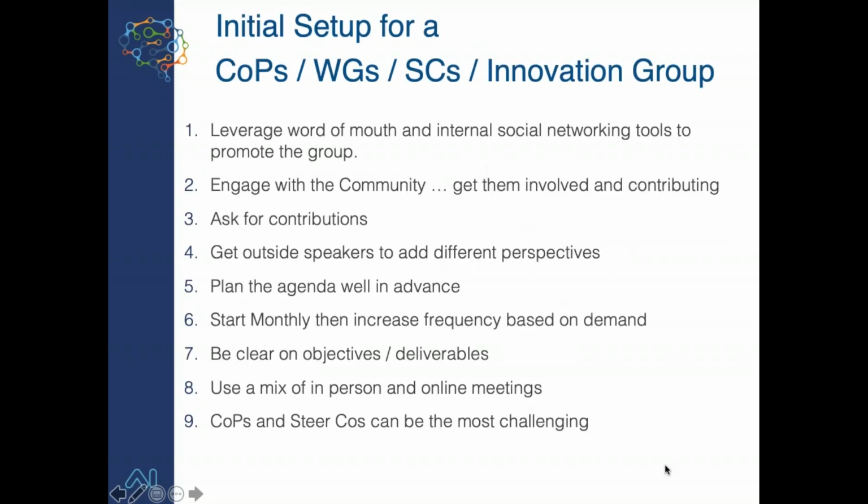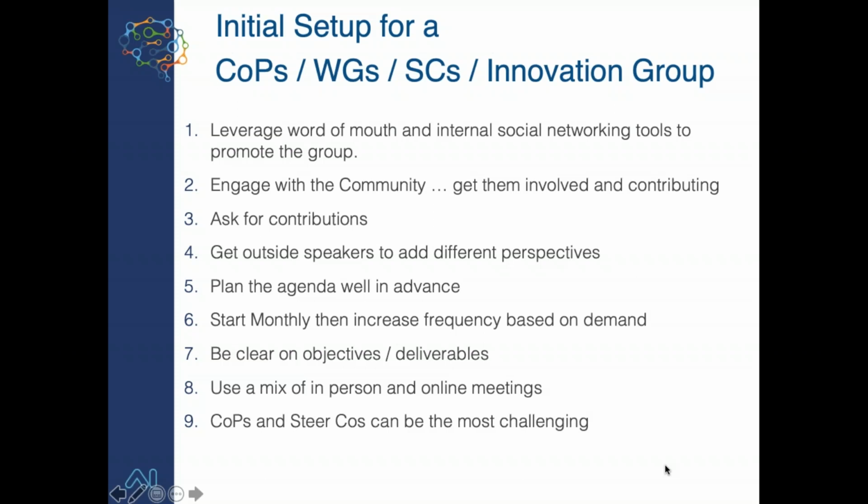So the initial setup, there's lots of key things really to think about. I've listed a number of them here. One of the key things is actually using word of mouth and using any internal blogs and social media platforms that you have internally to spread the word.